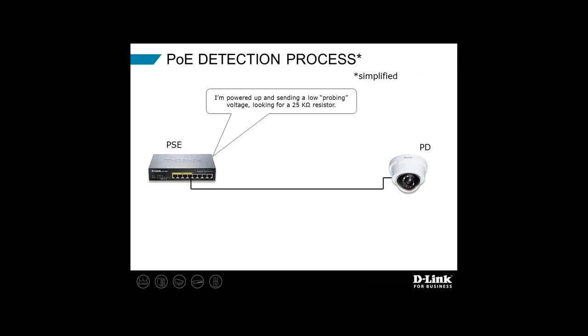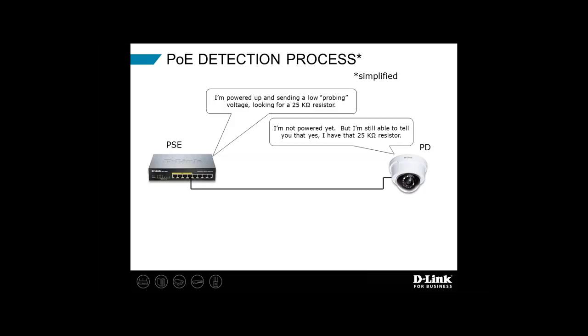This is more looking at AF than AT, but again, I wanted to keep this simple. The first thing that happens after I cable my switch to my endpoint, in this case an IP camera, is the switch looks for that signature. He does this by sending a low, very safe probing voltage, and he's looking for basically a 25 k ohm resistor that hopefully he'll find in the PD.